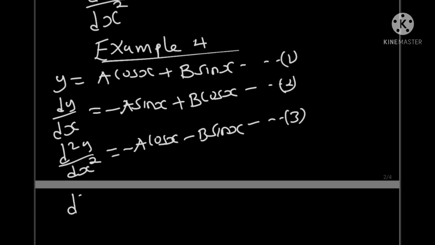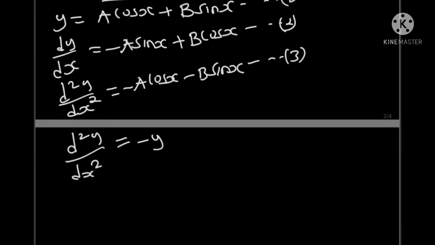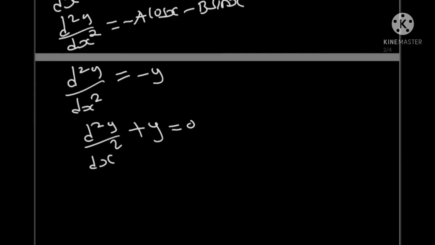Therefore, d squared y over dx squared is equal to minus y, meaning d squared y over dx squared plus y equals 0. This is the required ordinary differential equation.